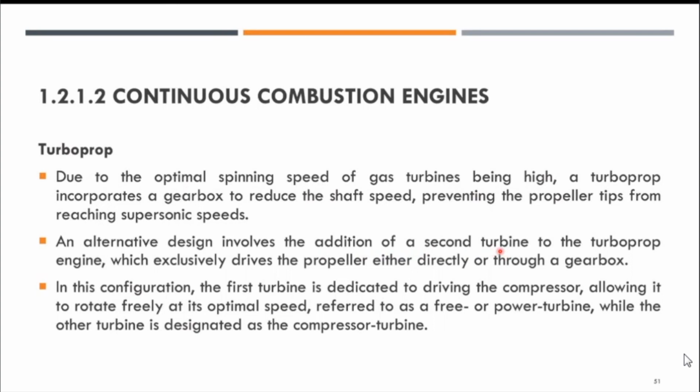The second turbine exclusively drives the propeller, either directly or through a gearbox. In this configuration, the first turbine is dedicated to driving the compressor, which allows it to rotate freely. We will look at a small schematic diagram later on that shows the arrangement. The second turbine is referred to as the free or power turbine, while the other turbine is designated as the compressor turbine.